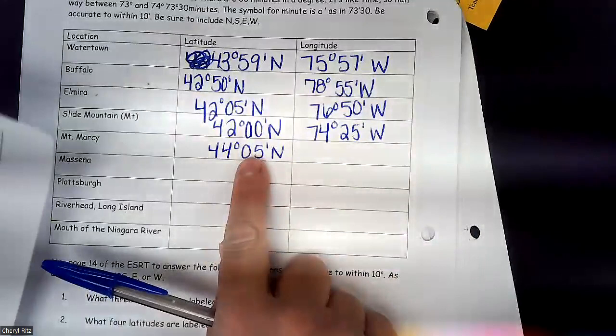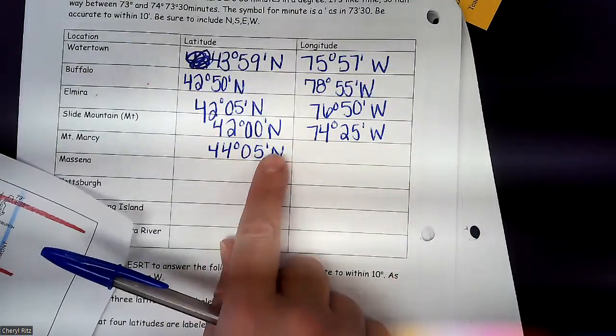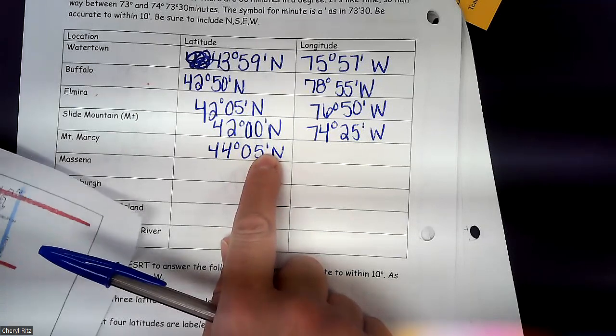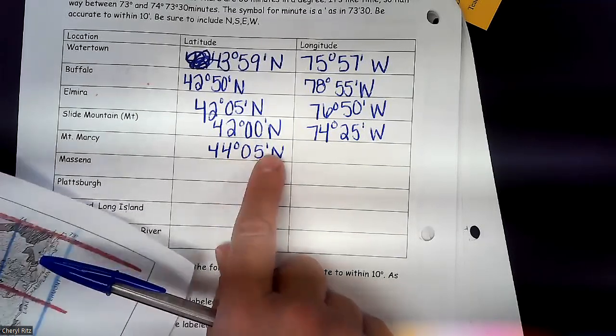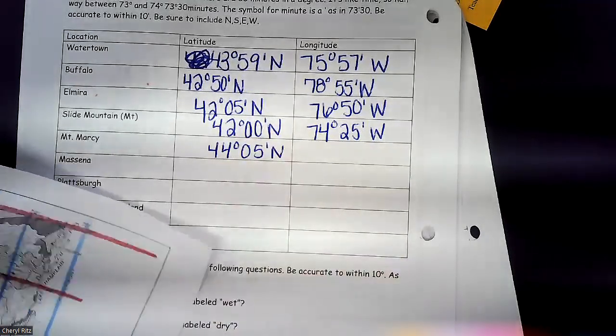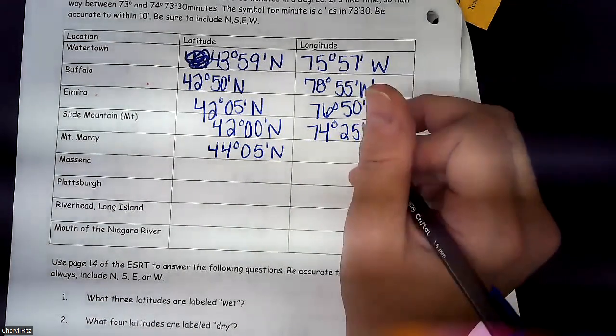Now, if you just put a 5, that's okay. Just make sure your minutes does not look like a 0 after it. Instead of doing 0.5, if you just did 5, make sure it really looks like 5 and not 50.